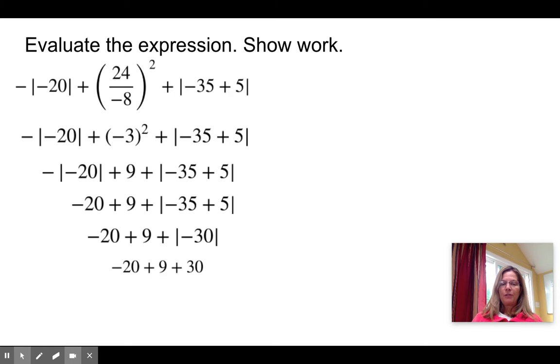I might as well add from left to right. Negative 20 plus 9, giving me negative 11, plus 30 equals 19. So there are a lot of steps, right? Because I'm showing my reasoning in each line of work. I'm showing that I understand the correct order of operations, and I'm proving why my answer of 19 is correct.